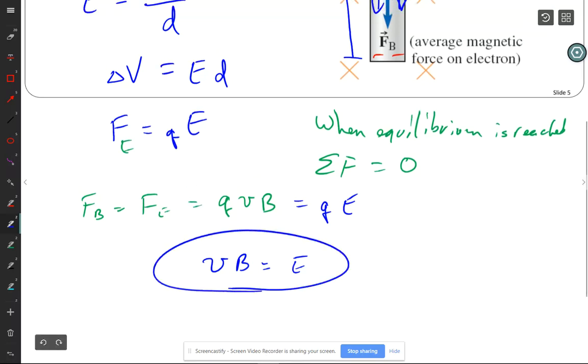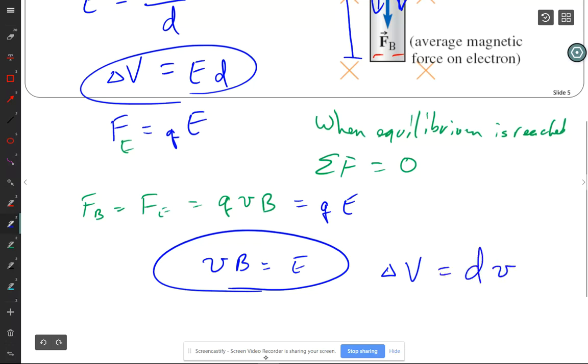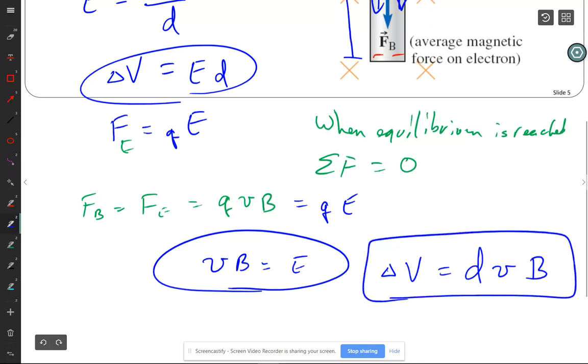So we have this relationship between the electric field that's produced, the speed, and the magnetic field. And now finally, using this relationship, I can say that the voltage difference across that baby is going to be equal to the length of it, D, times the speed at which it's traveling, times the magnetic field. Good.